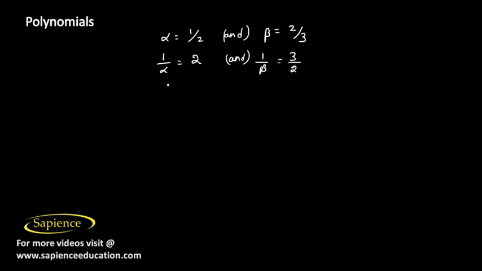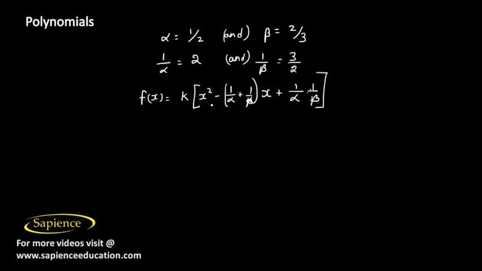So the polynomial which we are going to build is of the form, let's call it f of x equals k into x square minus (1 by alpha plus 1 by beta) into x plus (1 by alpha into 1 by beta). This is the polynomial which we are going to build.